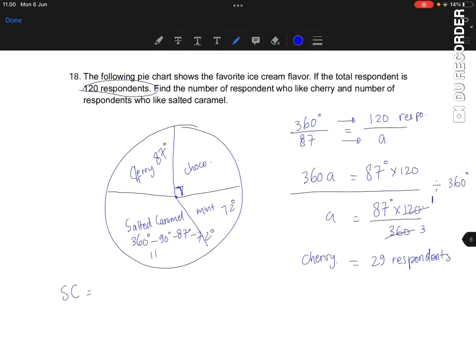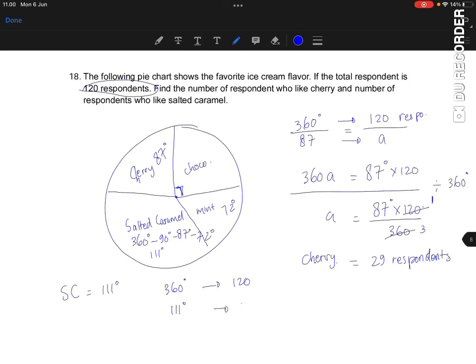So the 111 degree, if you want to find the respondent, please do it the same as before. 360 is equal to 120 respondent, and then this one is 111. How many respondent?